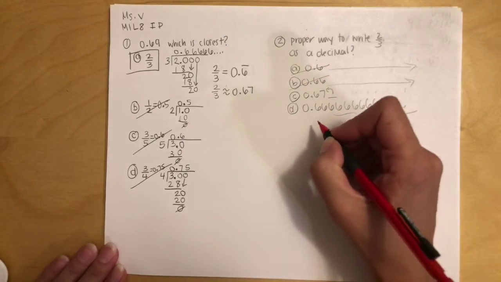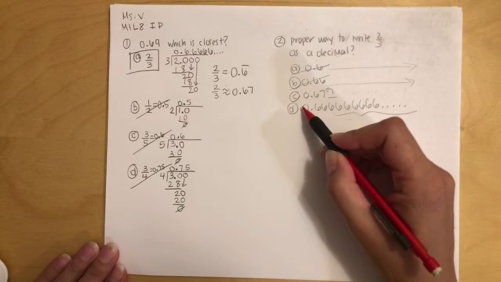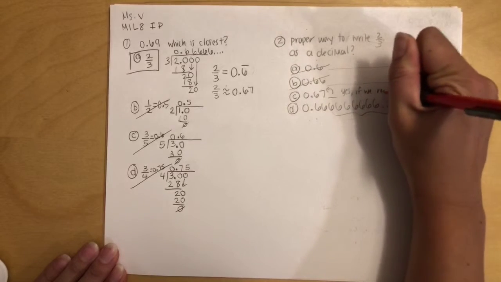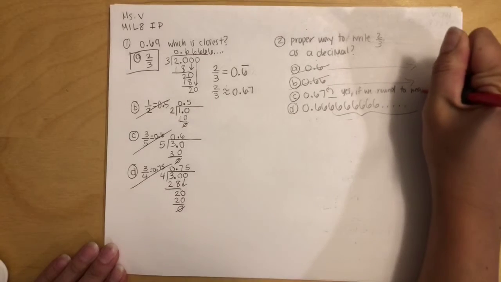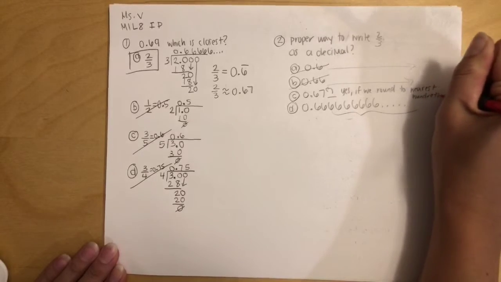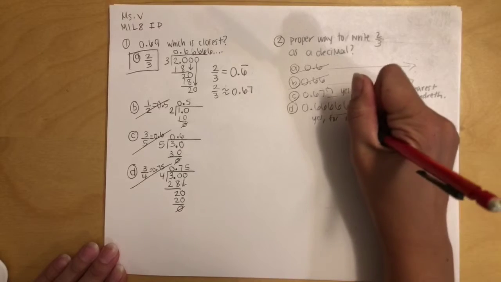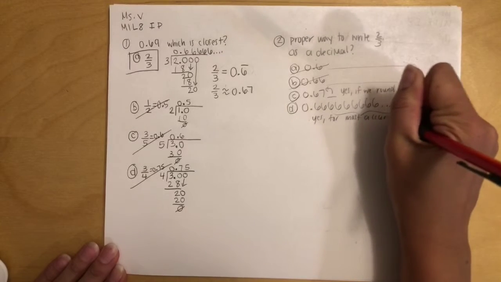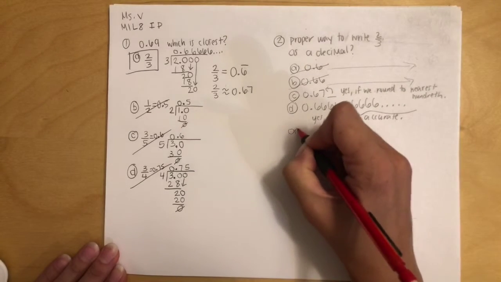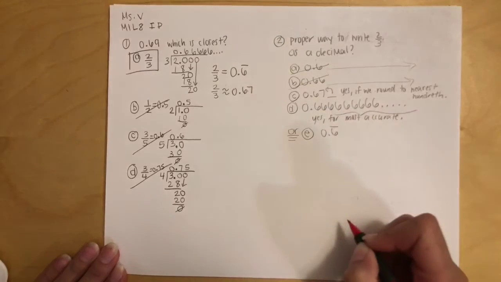If this was a test, I would accept C or D if you explained why. You could say, yes, if we round to the nearest hundredth. For D, yes, for most accurate. Or E, 0.6 with a bar over it.